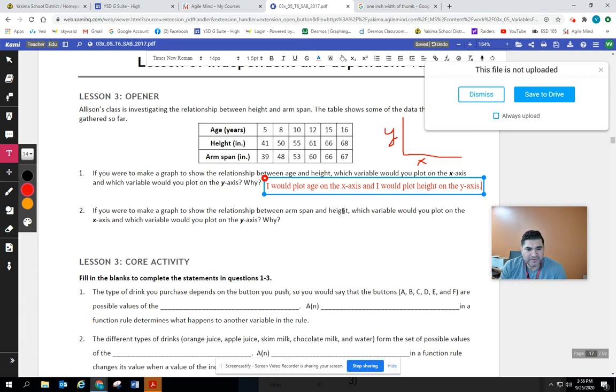Okay, let's take a look at number 2. If you were to make a graph to show the relationship between arm span and height, which variable would you plot on the x-axis and which variable would you plot on the y-axis, and why? I guess I should answer this one here. Well, I did answer, but I just didn't write it down.